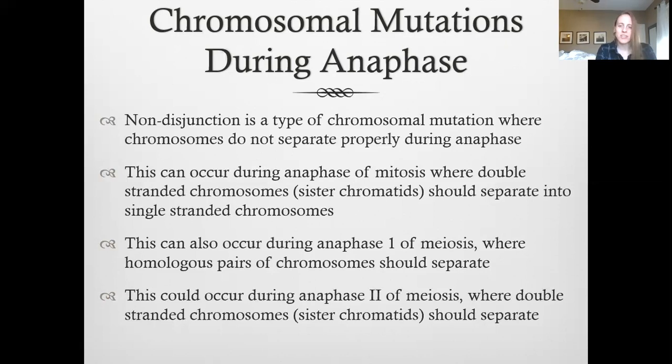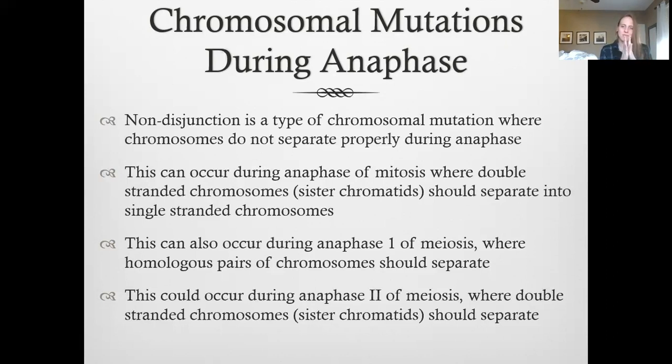So non-disjunction is the type of chromosomal mutation that happens when chromosomes don't separate properly during anaphase. And this can happen in the anaphase of mitosis, when the sister chromatids are separating, or it can happen during anaphase 1 of meiosis, where homologous pairs are separating, or it can happen during anaphase 2 of meiosis, where once again sister chromatids are separating.